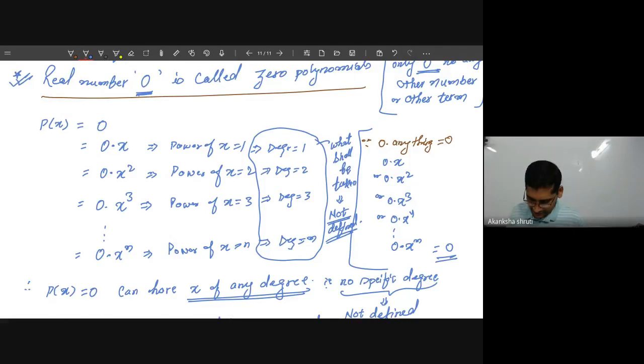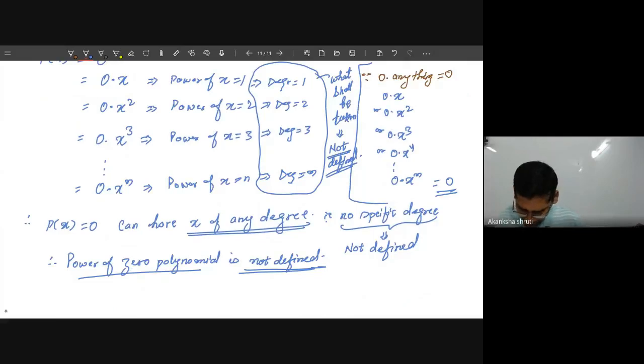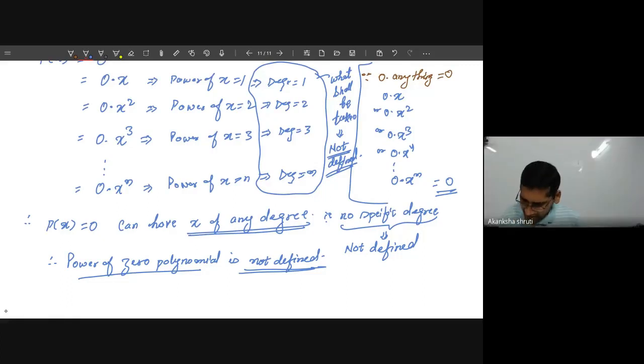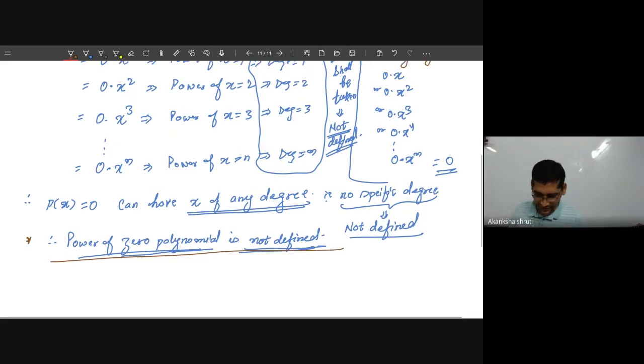So it is written here: p(x) can have x of any degree, which means this cannot be specified. Therefore, it is called not defined. So the power of the zero polynomial is not defined. This is again a very important point. It may be asked.